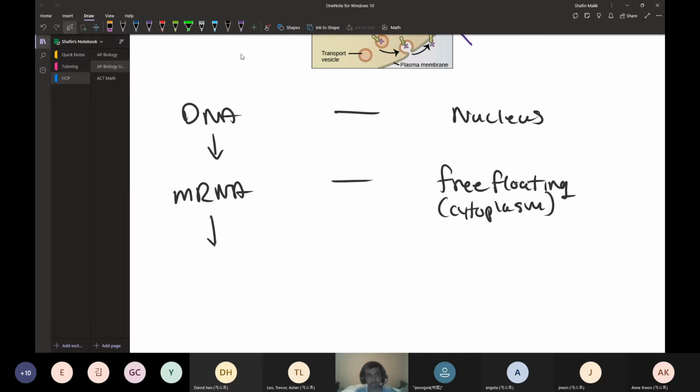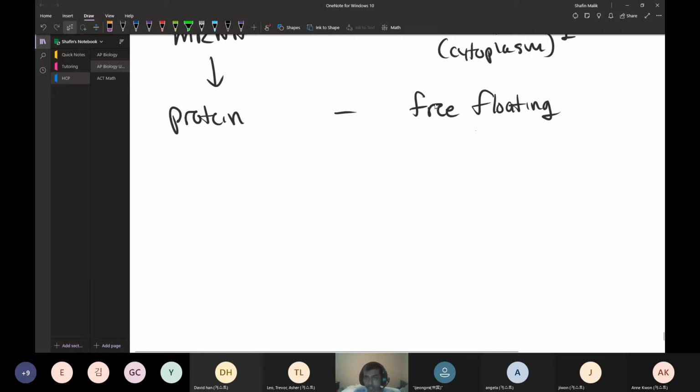Okay, and then we have the protein. This is also either free floating, and then it goes into the ER, okay?